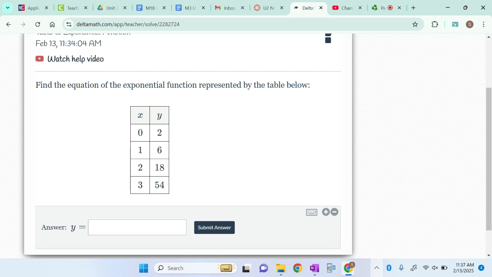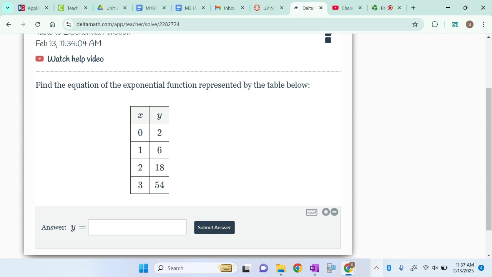So we actually do have our y-intercept listed in this table. What is it? 2. How do you know that? Right. So right here, the x is 0. So the y-intercept has to be 2. Because remember, the y-intercept written as a point is 0, and then whatever number on the y-axis it is.